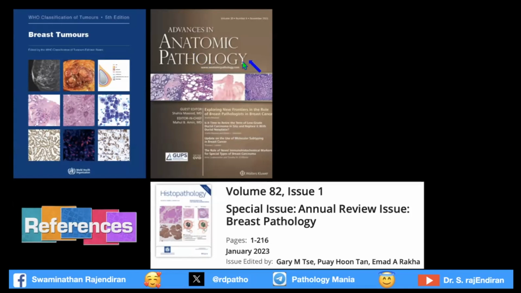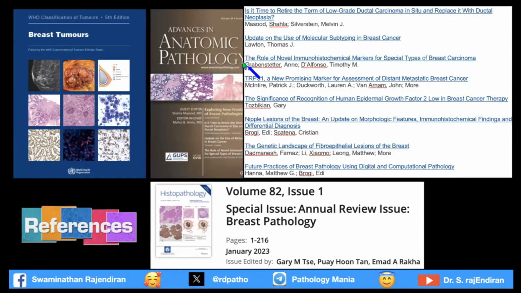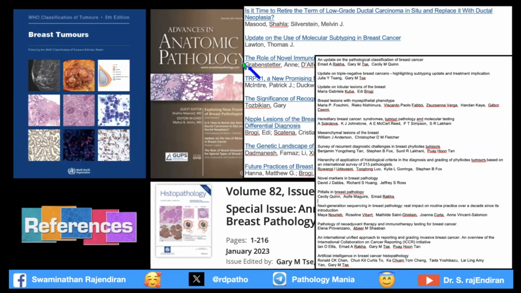The Advances in Anatomic Pathology issue is from this month, November 2023. These are the titles of the articles. They devoted the whole issue to breast pathology, and they talk about a lot of new things. And the Histopathology issue is from January 2023, and these are the titles from the journal. So take a picture of that.